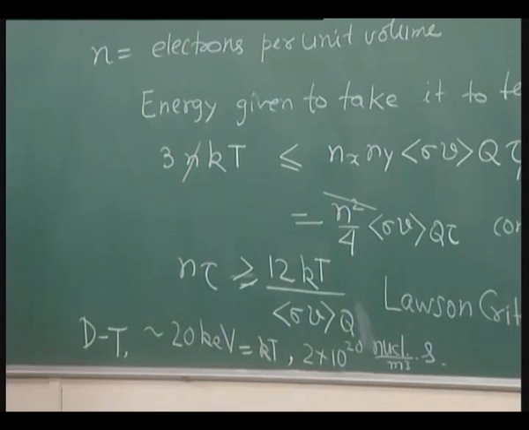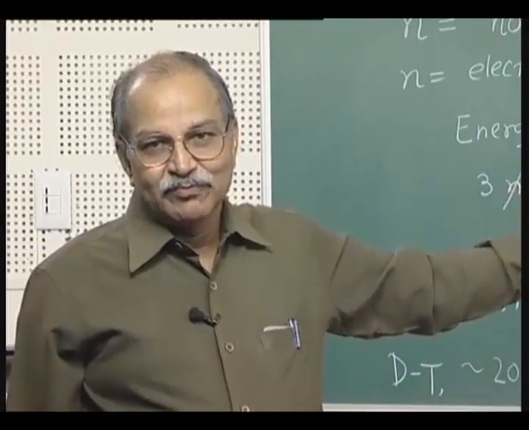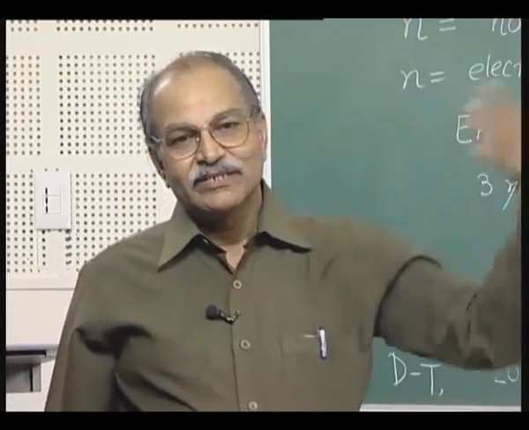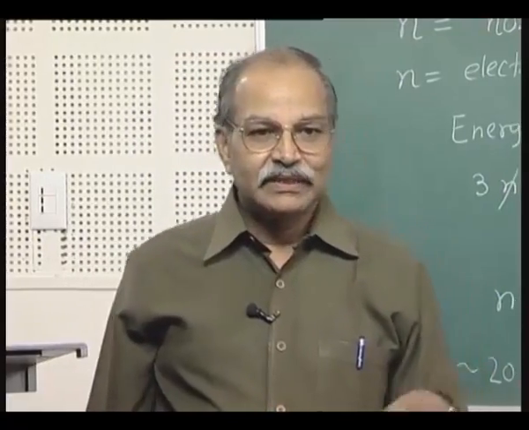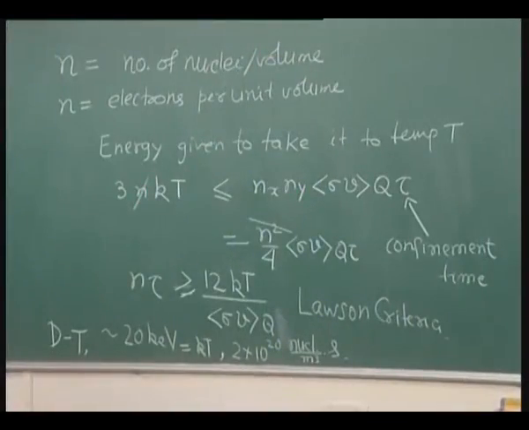So, the reactor design should be such that the concentration times this confinement time should exceed this number, so that the energy output that we get is more than the energy we are giving. So, these are some of the design considerations.